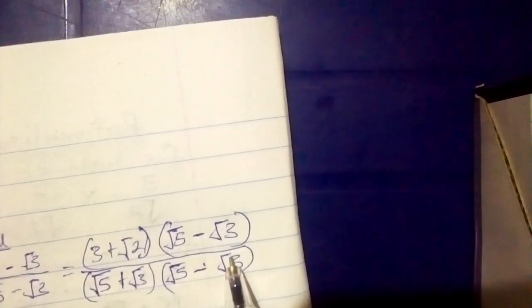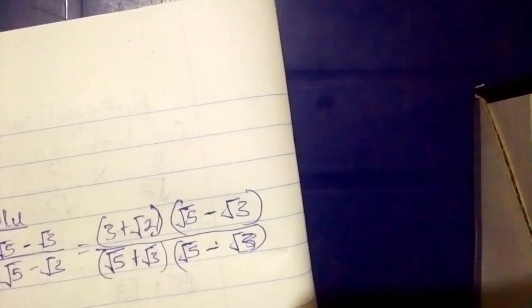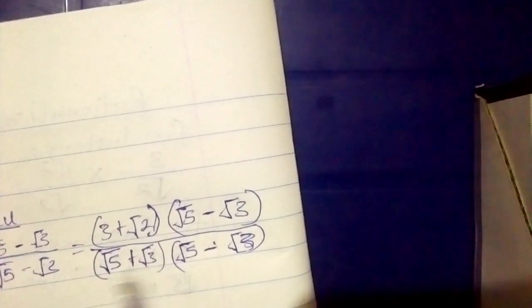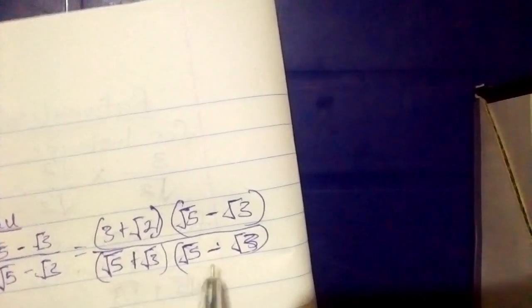Now there is something I want you to note here in case you want to get the answer without spending much time. The denominator, the fraction, you notice that what is here is root 5 plus root 3. What is the other bracket? Root 5 minus root 3. It means that the two of them are the same but have opposite signs.